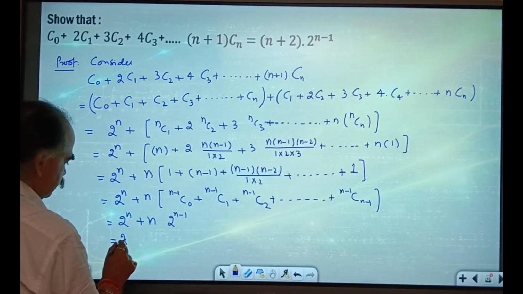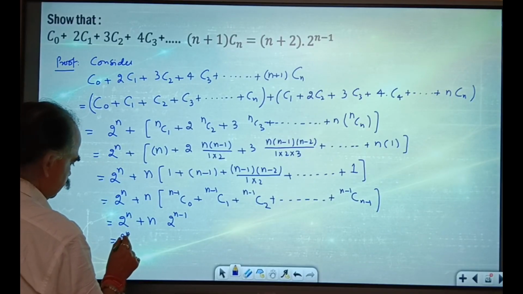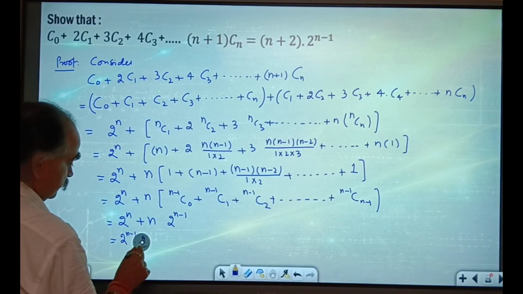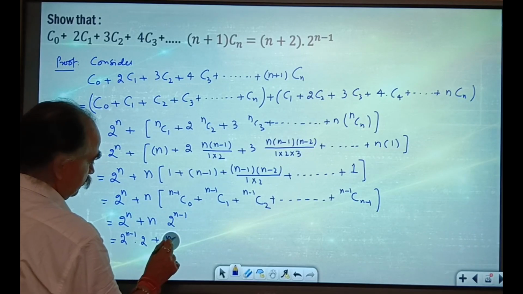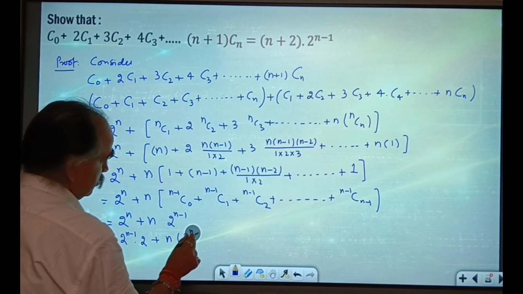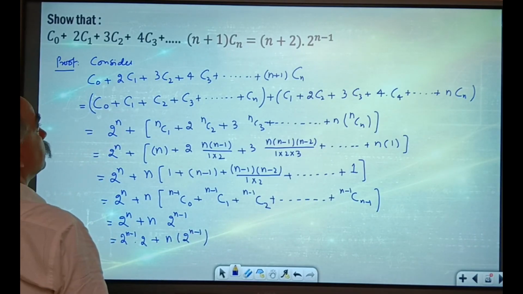This can be written as 2 into 2 raised to n minus 1, law of indices, plus n into 2 raised to n minus 1.